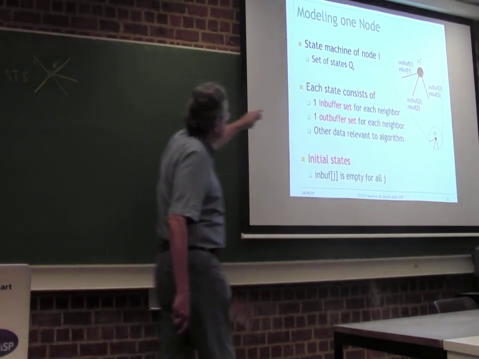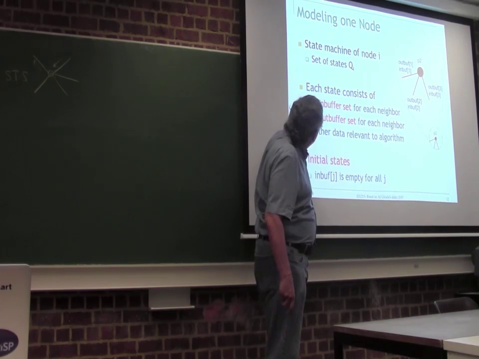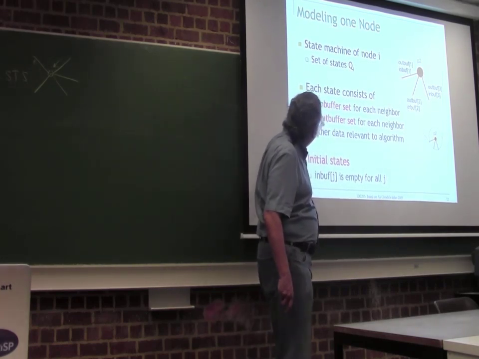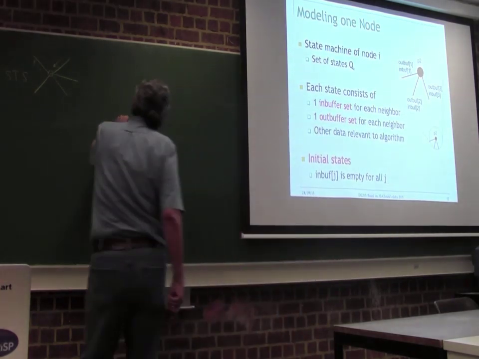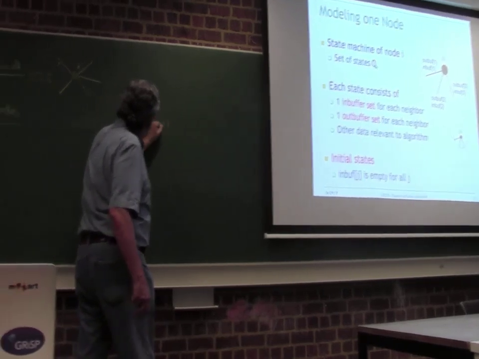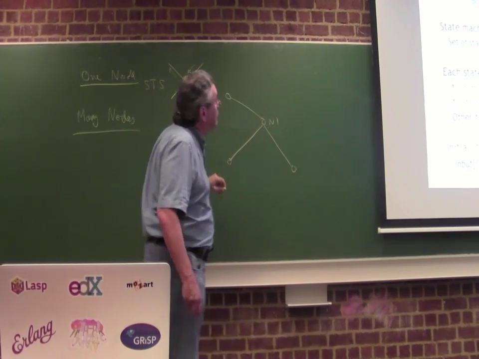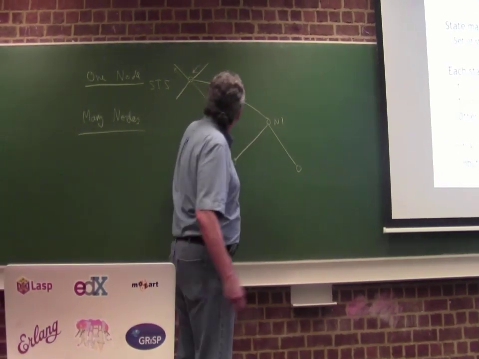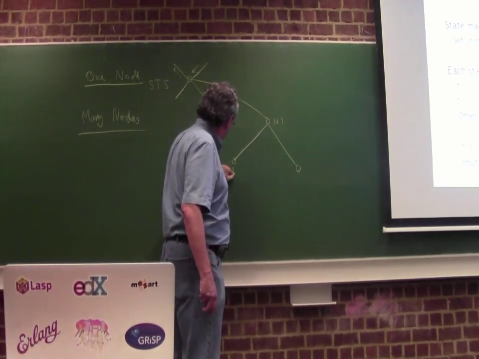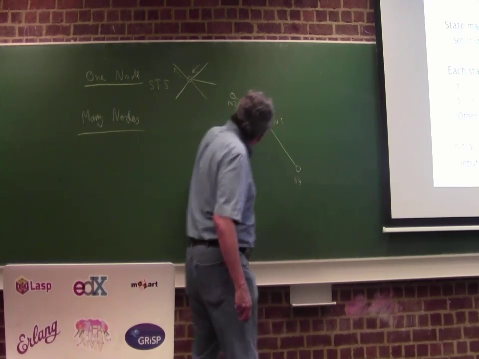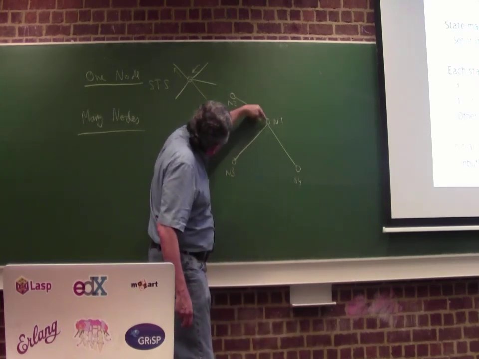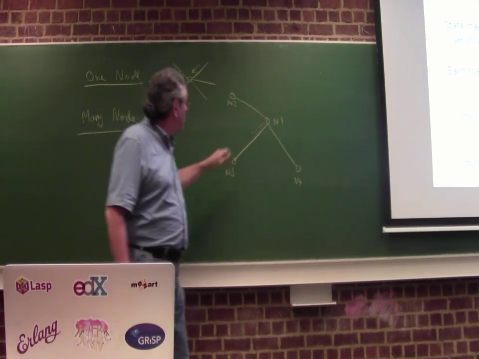So what we're going to do is add an in buffer and an out buffer for each neighbor. So if I have a node here with, for example, 3 neighbors, 2, 3, and 4, each of these neighbors is going to have an in buffer and an out buffer.